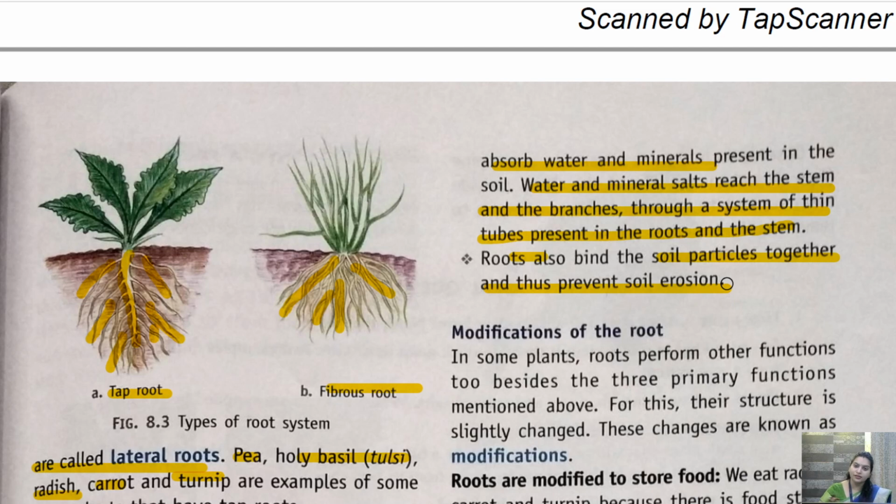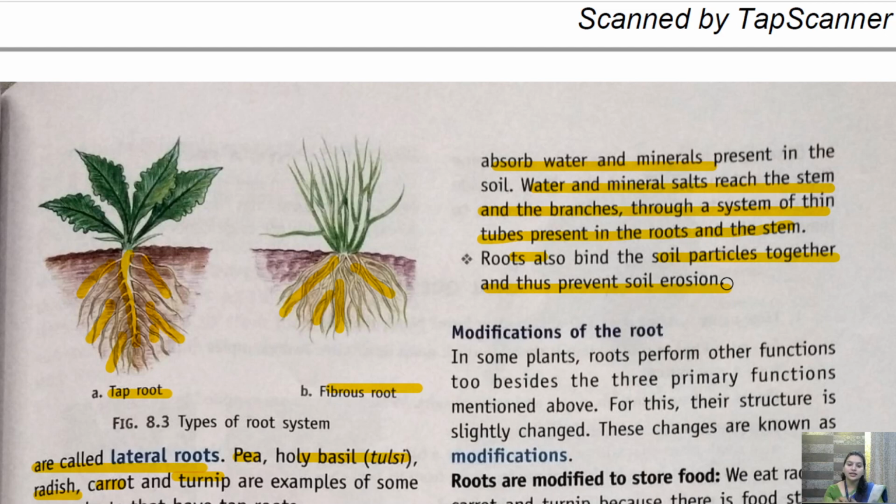That soil will be removed from that place. Okay, that is called soil erosion. Getting my point? So what is it? Like if a loose soil is present, then with the force of water or with the force of air, the fertile soil will be removed from that place.